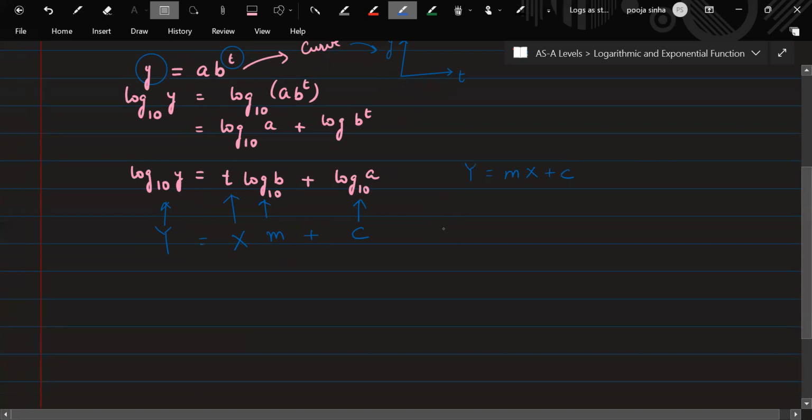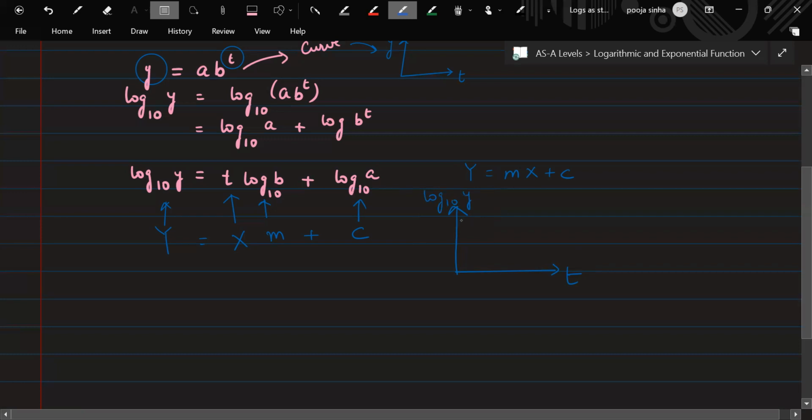Now look at the axes, how they are going to change. On the x-axis, it will be t. But on the y-axis, it is going to be log 10 y. You get it? And the line that you will get for this, you will have to plot.